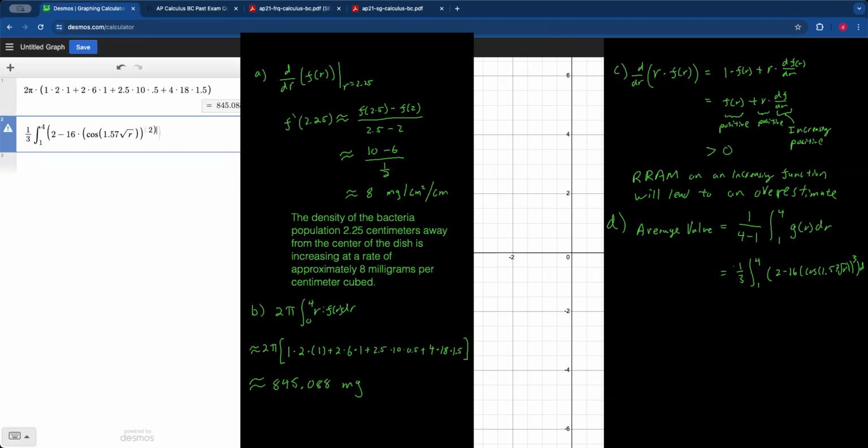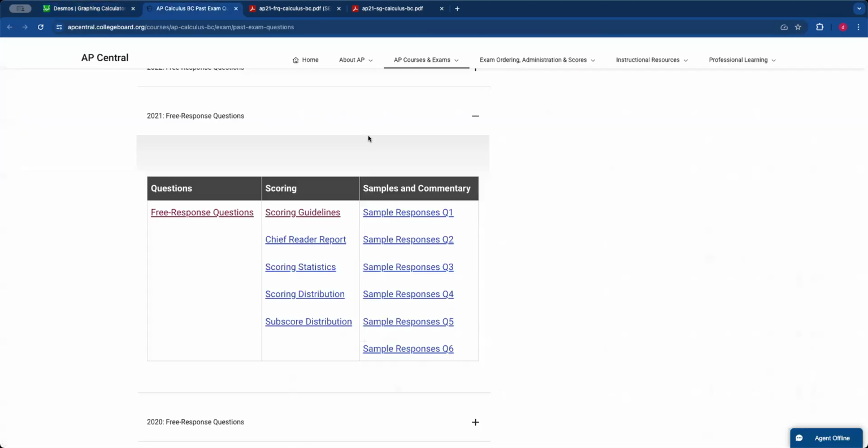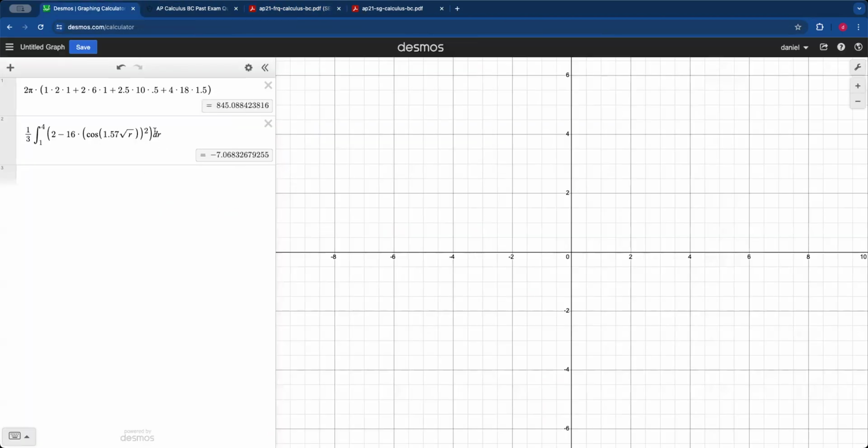The quantity squared, like this, and then dr. Did I write everything correctly? 2 minus 16 multiplied by cosine of 1.57. Let me make sure everything is correct. Yep, in radians, we're good. So what is that, 2 minus 16 cosine of 1.57? Oh, it's cubed.